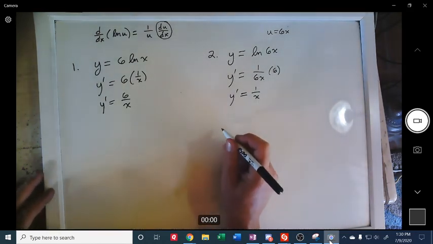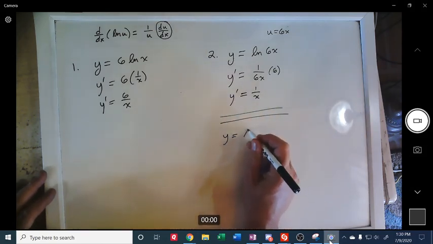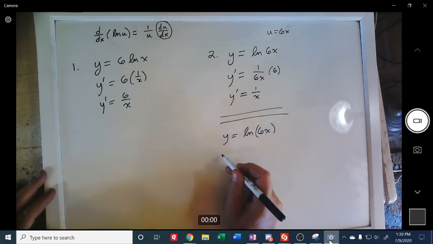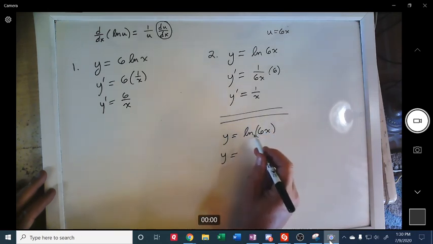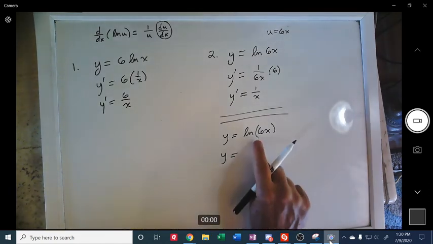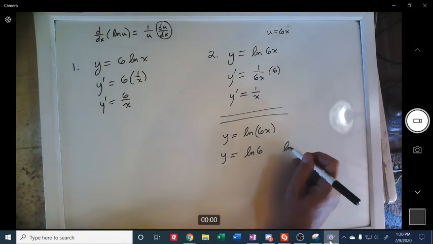All right, let's do this a whole different way. I'm going to go like this. How many times did I write down ln? Just once. Suppose I wanted to write down the ln twice. What sign goes in between these?